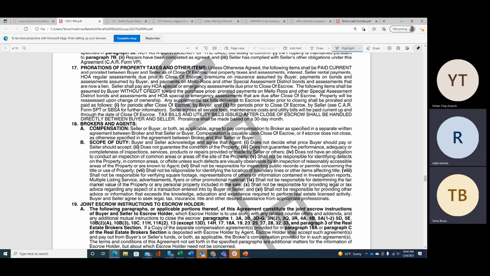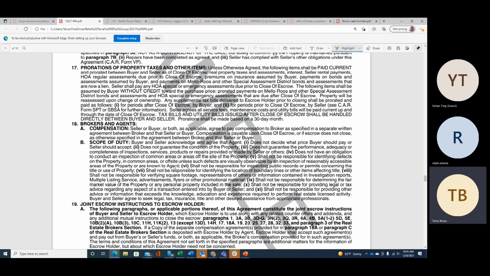And you're really not even obligated to give them that information. You tell them what they need to do. You need to contact the county or the Department of Public Records, or whatever, the Department of Building and Safety, or whichever. You don't even have the obligation to do that.